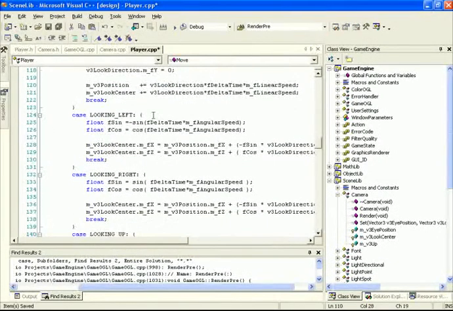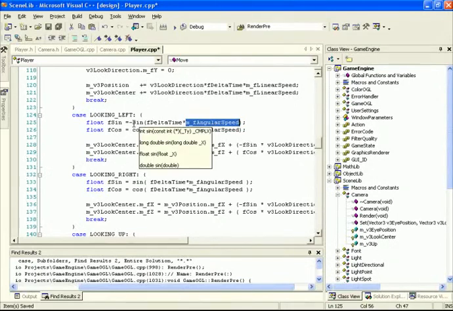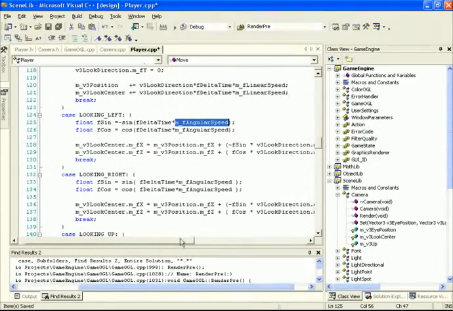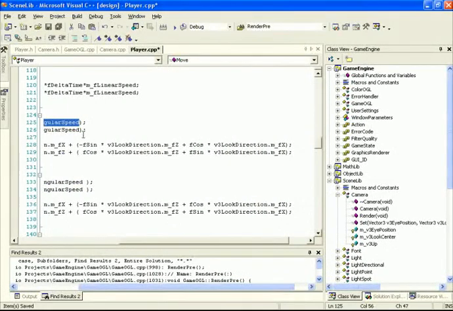When we're looking, we need to do a rotation. A rotation in 3D space uses a rotation matrix, which I think I talked about earlier. What we need to do is calculate the sine and the cosine of the angle that we want to rotate about. So again, we take the time and the angular speed, multiply them together to get the angle that we've rotated. We calculate the sine as well as the cosine, and then using those two values we can apply the following transformation. f sine times our looking direction in the z plus f cos times our looking direction in the x.